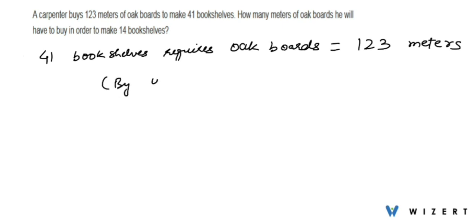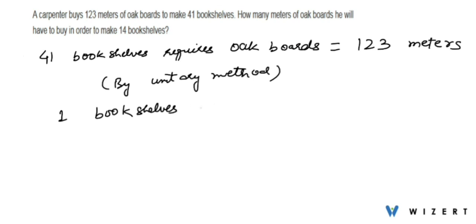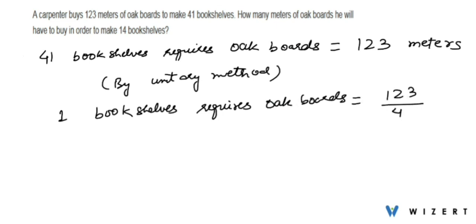Now using the unitary method we can find out that if we have to make one bookshelf, one bookshelf requires oak board that is equal to 123 divided by 41 meters.